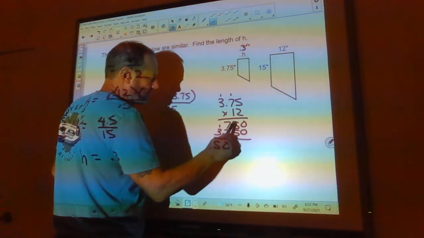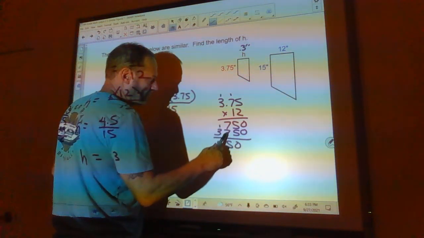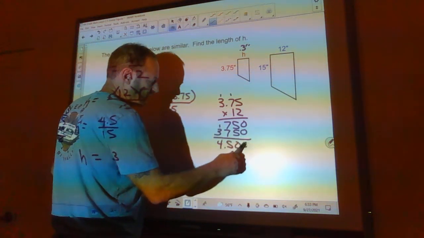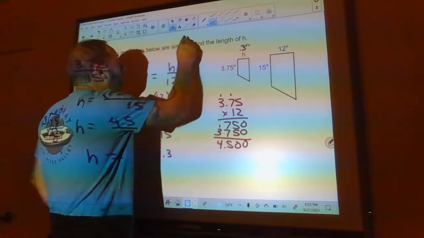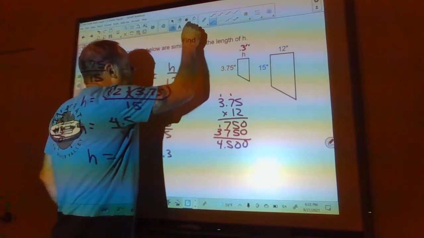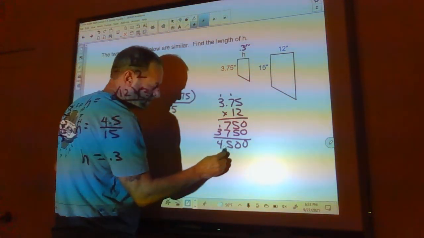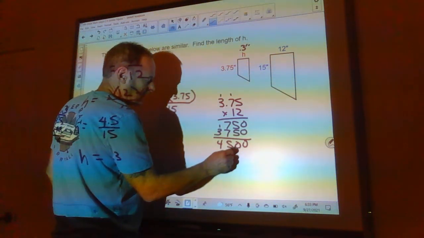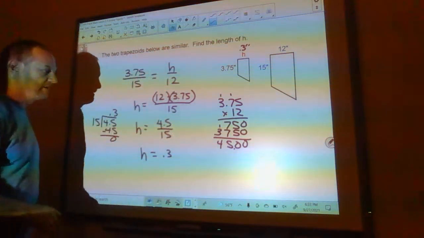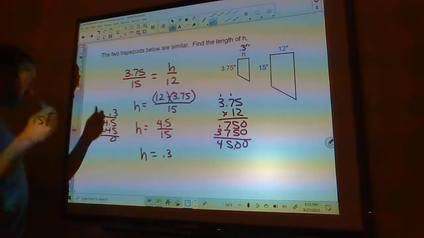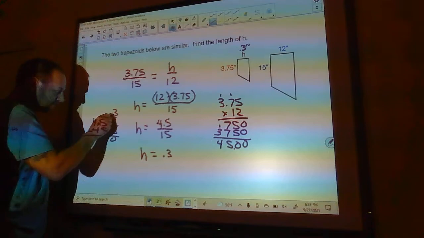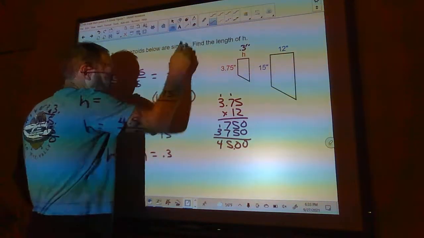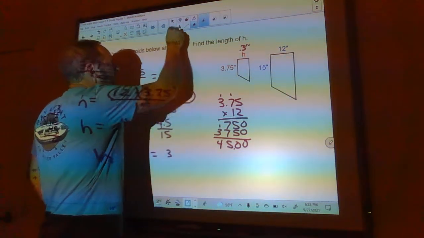We did a 0, 5, 7, 3. Oh, there's my problem. I got my decimal in the wrong place. So this is 45. This is 3.0. So 3 inches.